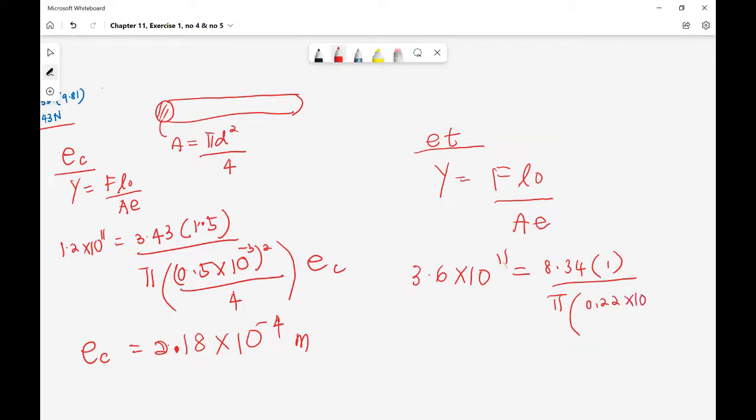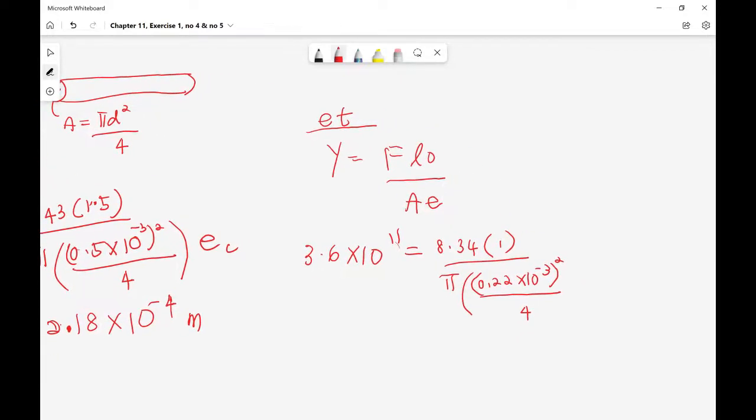So, convert kepada meter. Okay. Jangan lupa yang ni squared. D squared over 4. Okay. Times elongation untuk tungsten. So, boleh dapat elongation untuk tungsten, 6.09 times 10 to the power of negative 4 meter. Okay, so semua nilai dah ada.